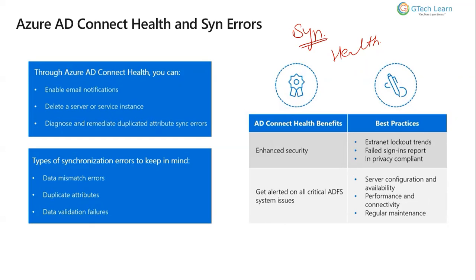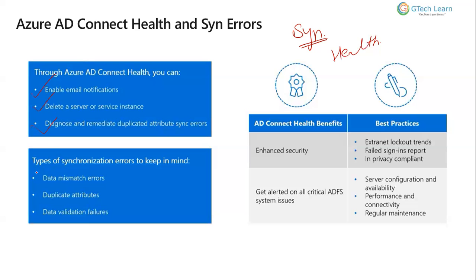So Azure AD Connect Health enables you to maintain a reliable connection to the Microsoft online services, and you can see that information in the Azure AD Connect Health portal once you have Azure AD implemented. So here you can see that with Azure AD Connect Health, you can enable email notification, you can delete a server or service instance, and you can diagnose and remediate duplicated attribute sync errors.